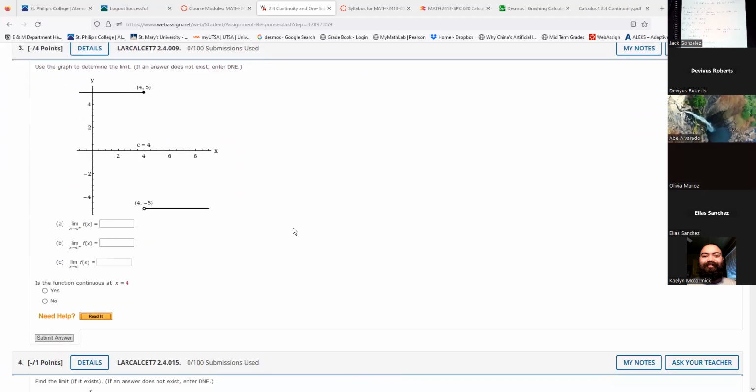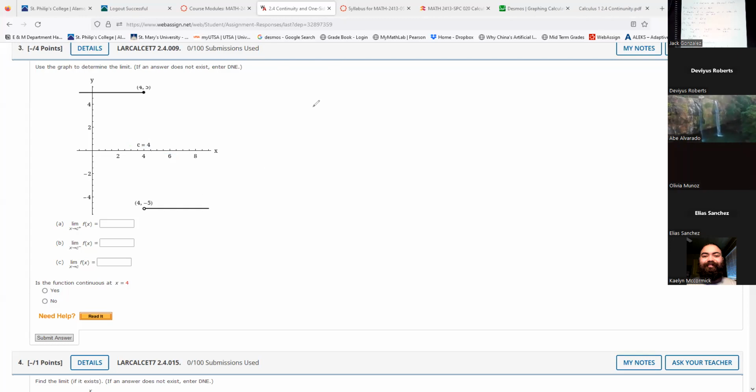Number 3, what is the limit as we approach 4? Which is right there. I got spaced out for a sec.